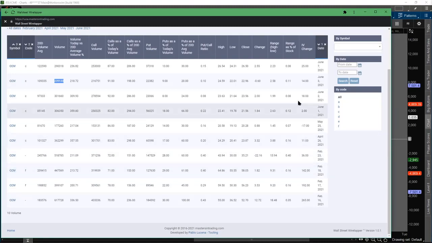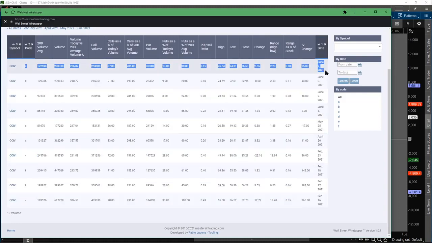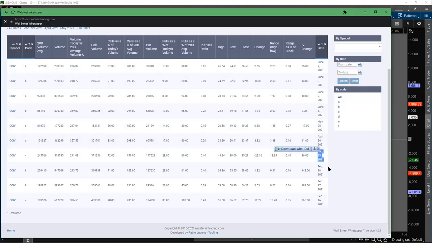So here's what I mean. On June 7th, whenever the scan was run on June 7th, it will only look at data points that are no more than 50 calendar days apart.